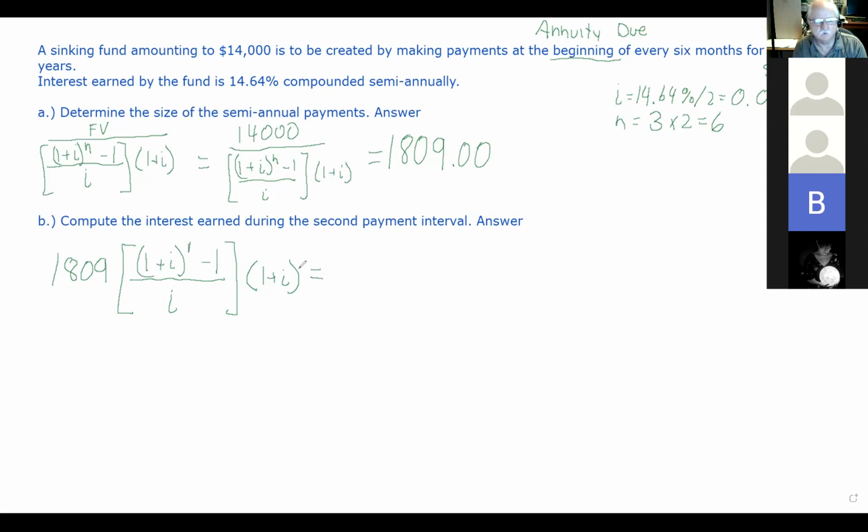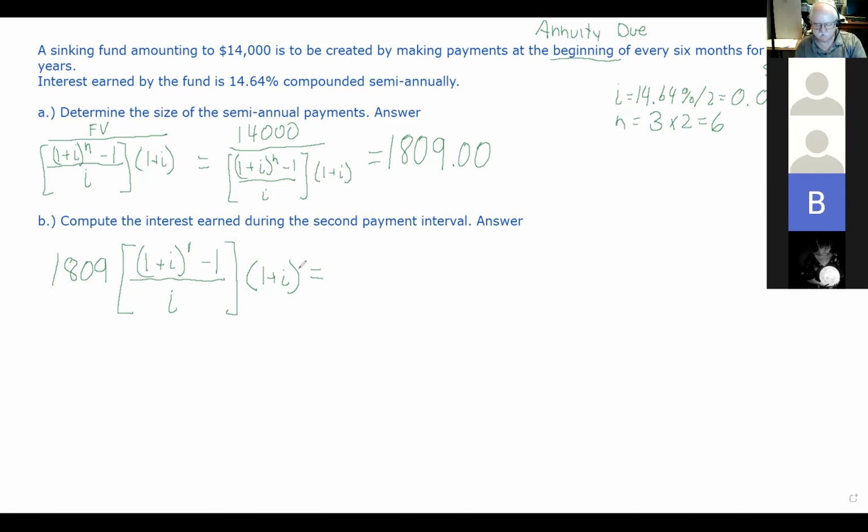So let's see if we can work that out. So recall 1 plus 1 to the power of 1 is not very exciting. So minus 1 divided by recall 1. That didn't work for some reason. Try that again. Recall 1 plus 1. And then minus 1 and divided by recall 1.